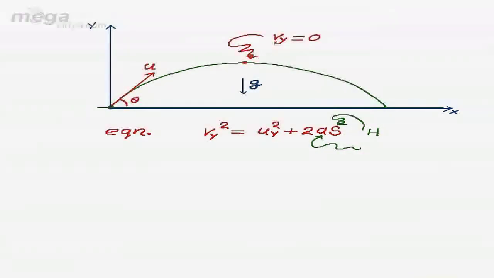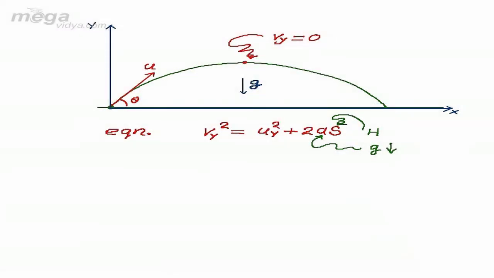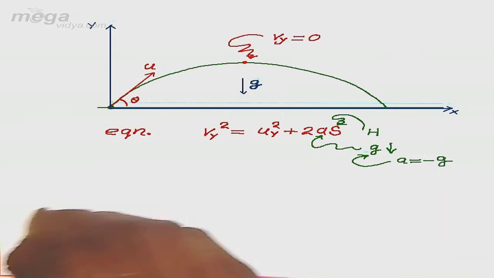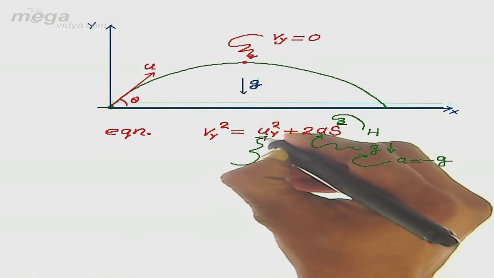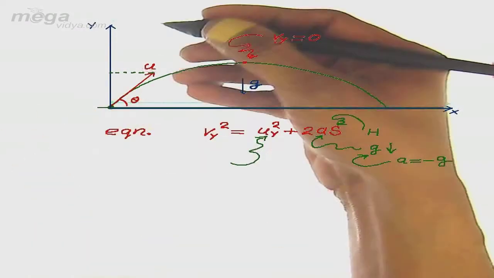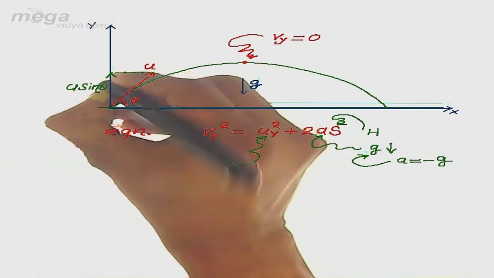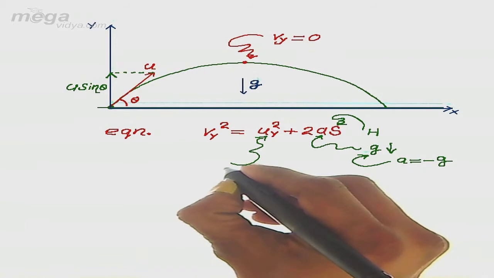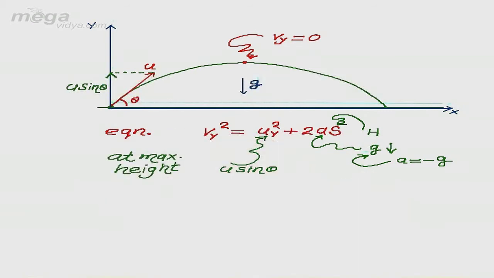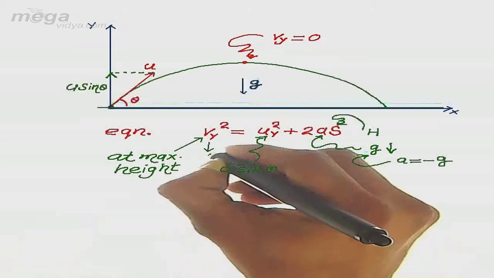Acceleration a is g vertically downward, so I will put it to be minus g. And obviously the initial velocity in y direction, which is the y component of its velocity of projection, has the value u sine theta. So I will put Uy to be u sine theta. At maximum height, this velocity Vy will be taken as 0.